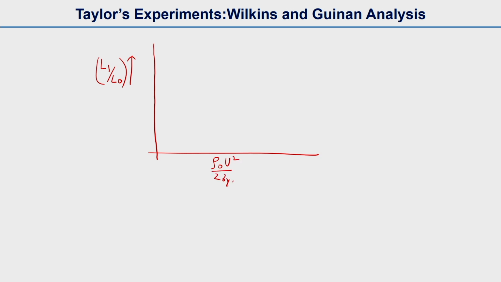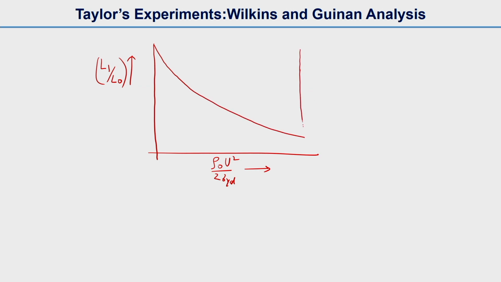So they plotted that L1 by L0 with rho naught u square by twice sigma y by this term, and then found an interesting result for different materials.